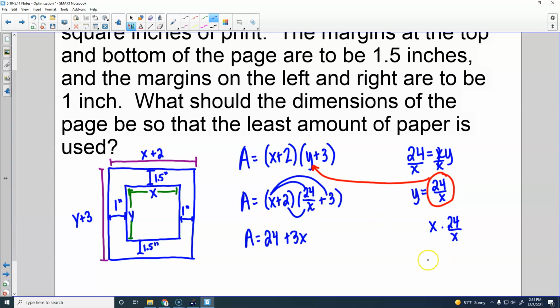What do you get when you do 2 times 24 over X? 48 over X. And then the last will be plus 6. So we could put the 24 and the 6 together and have 30 plus 3X. And I'm going to write this as 48X to the negative 1.